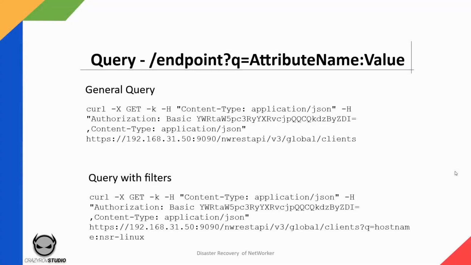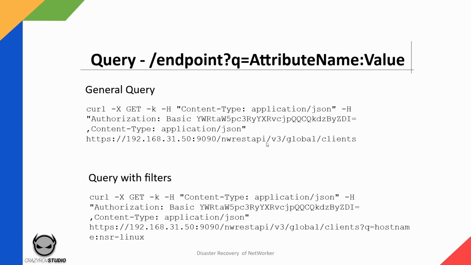Now let's take a look at how to query the REST API for any information that we need from NetWorker. The format to be used is right up here in the heading. So you have the complete URL, which is basically HTTPS, the protocol, the IP address or hostname of your backup server, and the port that the API service would be listening on, which on the NetWorker server is 9090, which is the Auth service port.